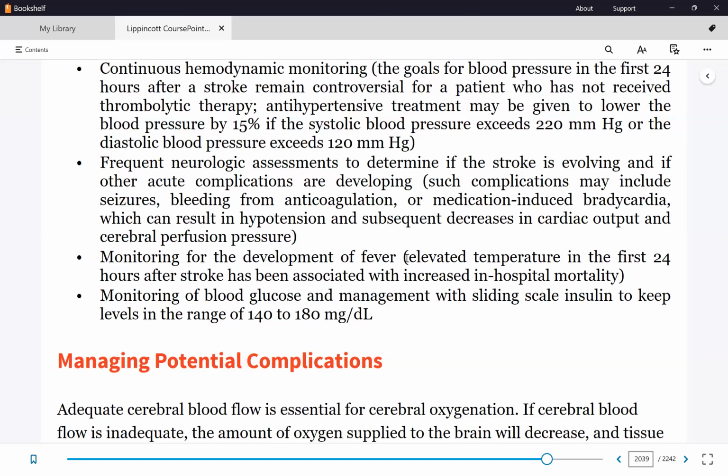So what do I need to do? Make sure your patient has a normal body temperature. Is it possible the patient's temperature will rise? Yes, because they suffered inflammation from the stroke, so it will rise.